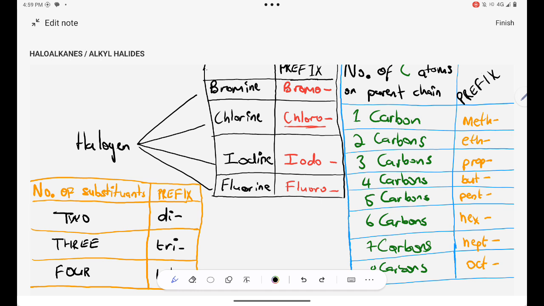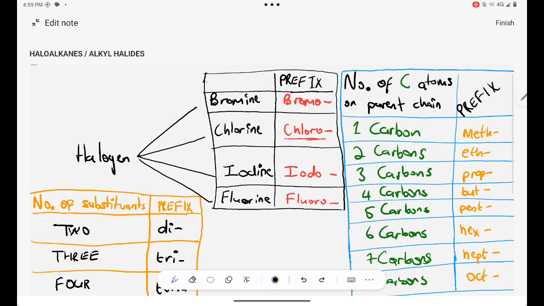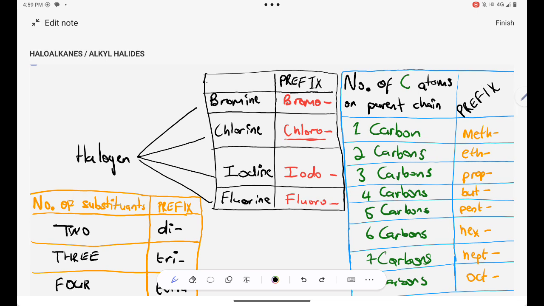Whenever you write down the IUPAC name of a haloalkane, it's very important to mention the substituent. The added part in the alkane is the halogen, and hence the name is haloalkane. It's very important to know how to mention your halogen.